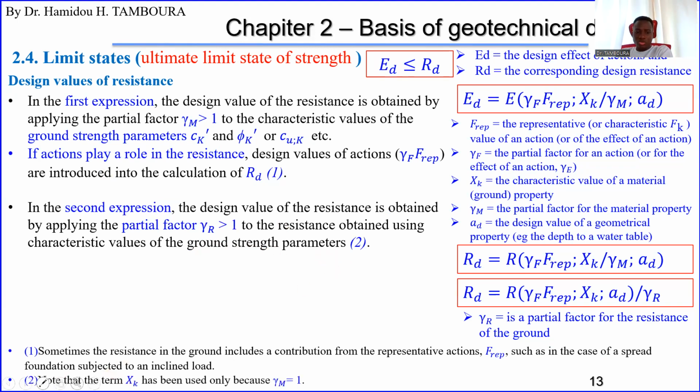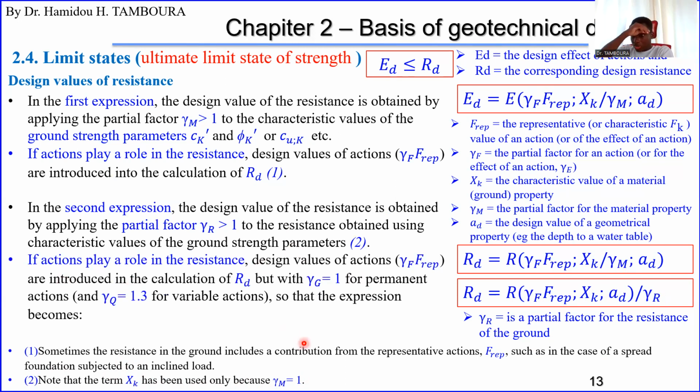And we should note here that the term Xk in the material property has been used only because this gamma M is 1, and this one is 1. So we use this.